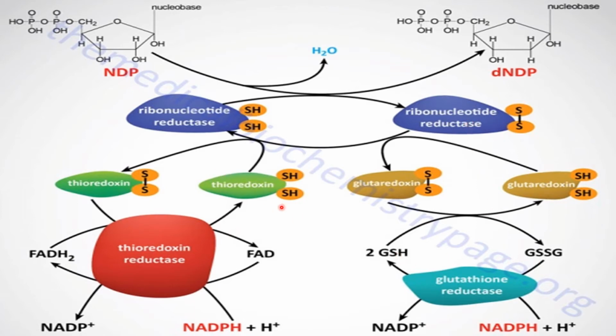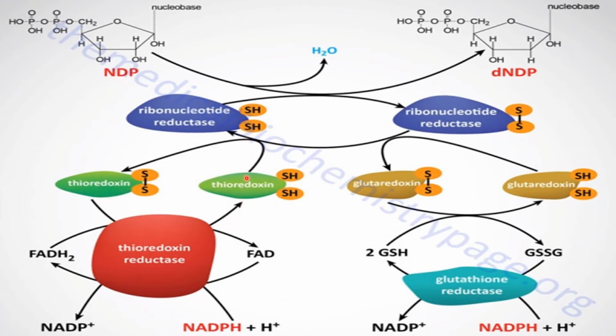Now thioredoxin has SH groups, which are then oxidized, as in this case, and this thioredoxin is converted into the reduced form with the help of FADH2, and this FADH2 donates its hydrogen to the oxidized thioredoxin and reduces it.